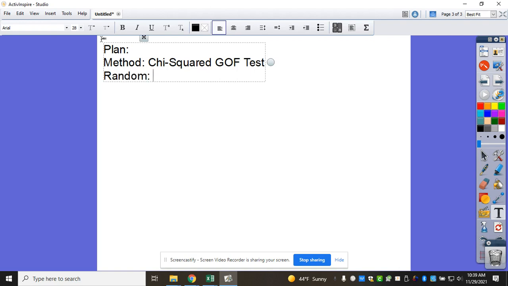Where does it say something about random in this problem? This is kind of a weird one to say.